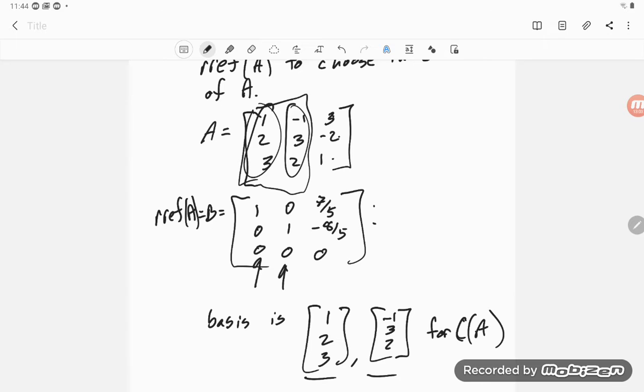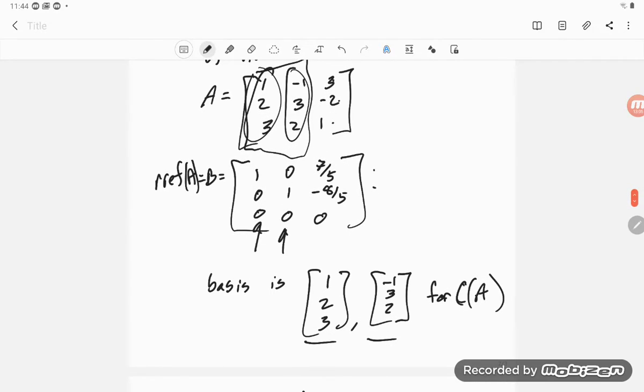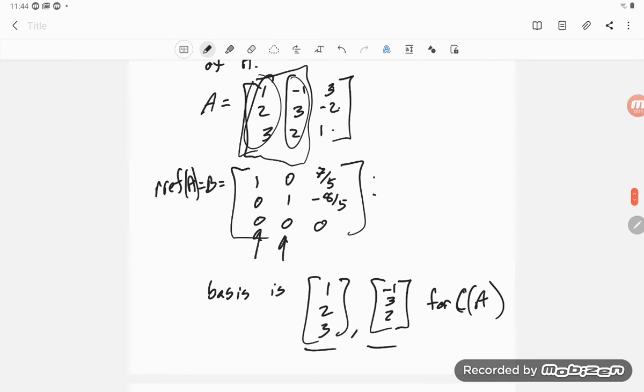I know I can make a basis out of that for the column space. And so I start at the left, and notice that if I just stopped here, I would get that leading column. Oh, yeah, because it's independent.